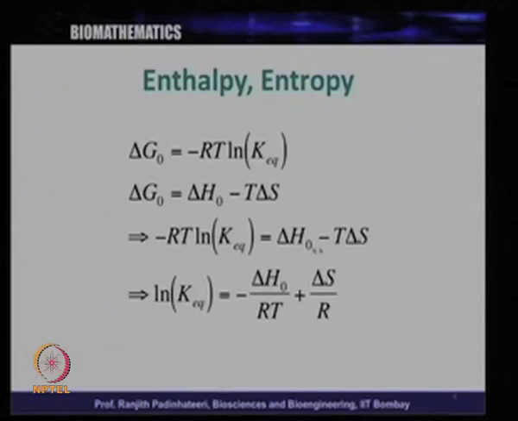I divide throughout by minus RT, and I get ln K equilibrium is equal to delta H0 divided by minus RT and minus T delta S divided by minus RT.